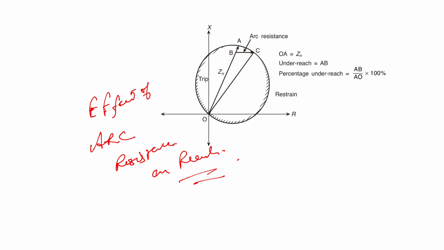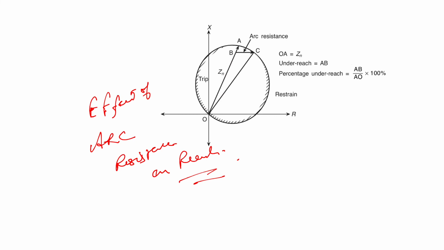The impedance seen by the relay, considering the fault resistance, just lies on the verge of the trip region. Any fault beyond this point B will cause the relay to restrain because it will reach the restraint region. So effectively the reach of the relay has come down from OA to OB.